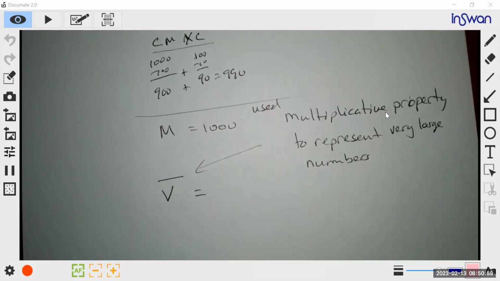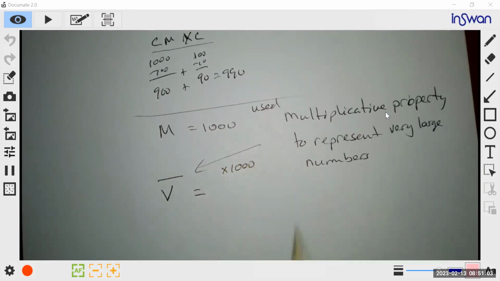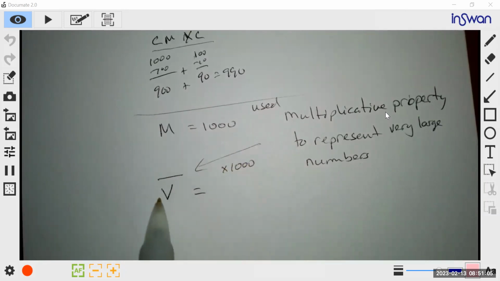With this bar. That bar means multiply by 1,000. So this would be 5 times 1,000 equals 5,000.